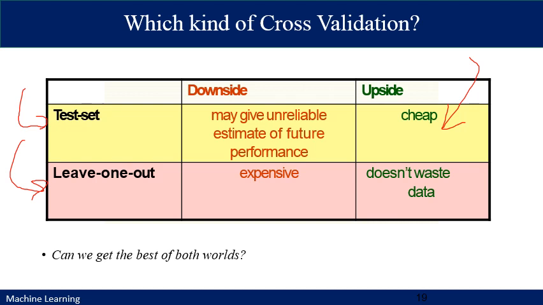But it may give unreliable estimates of future performance because the data may not correctly represent an equal distribution. On the other hand, leave one out is expensive, but it does not waste the data.